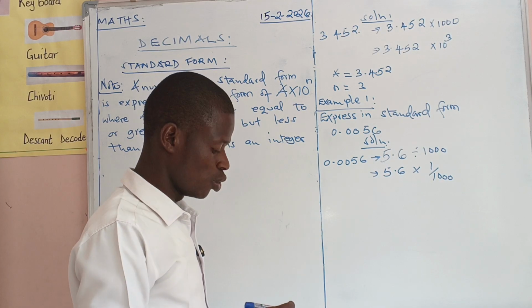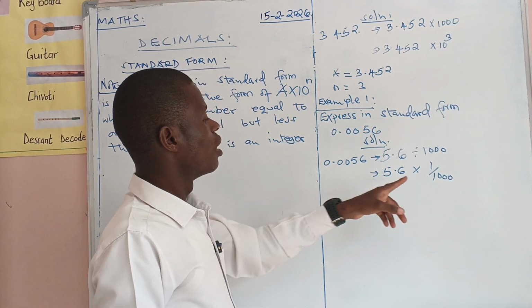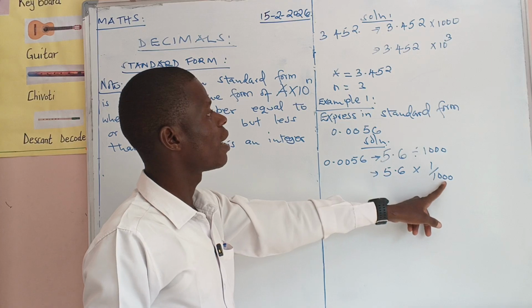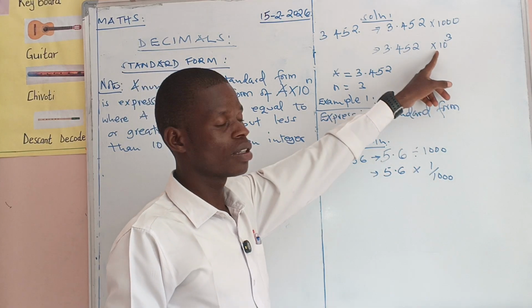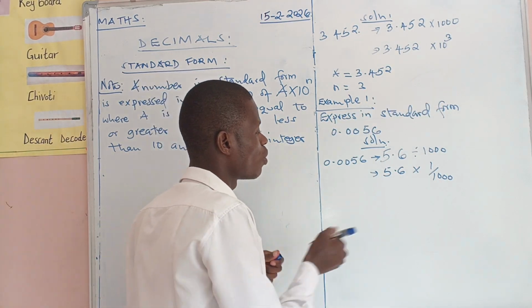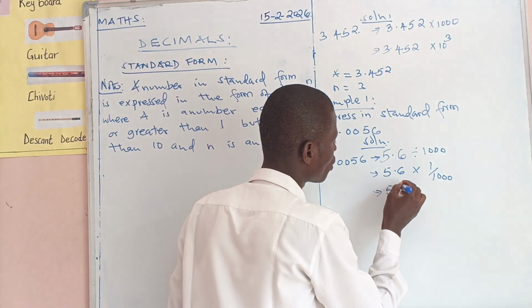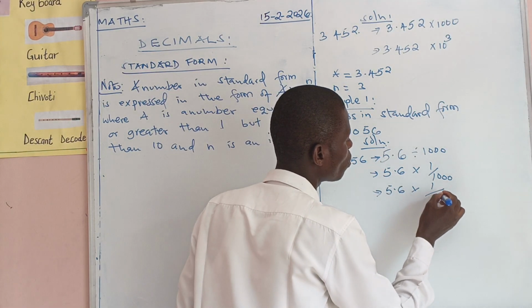Then what do I need to do? This 1000 here, I express it as a power of 10. So what am I going to have? I'm going to have 5.6 times 1 over 10 raised to the power 3.